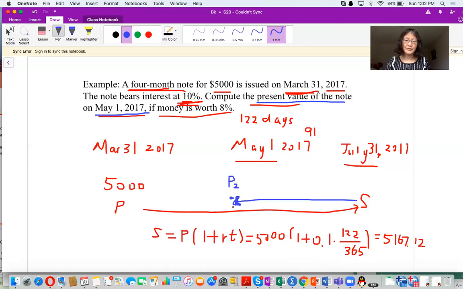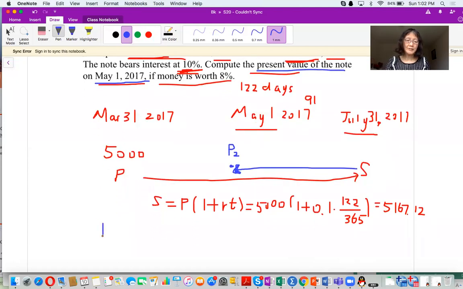So we use the formula for P, present value, equal to S divided by 1 plus RT. S is 5,000, this number here, 5,167 plus 1 plus RT.